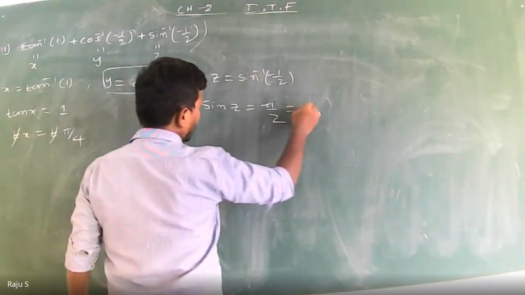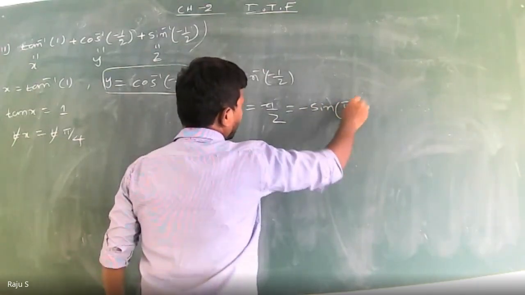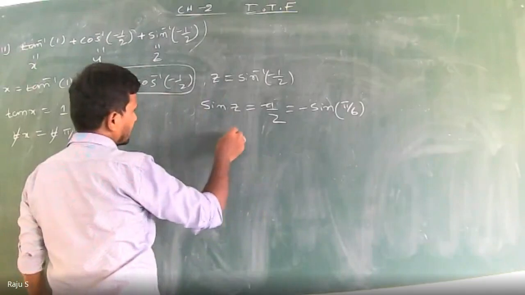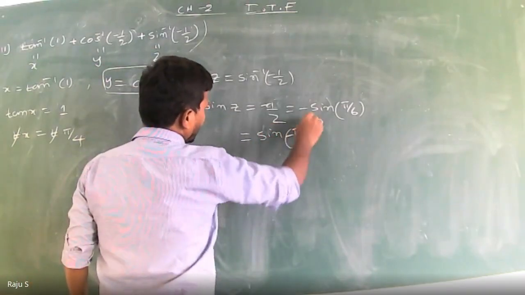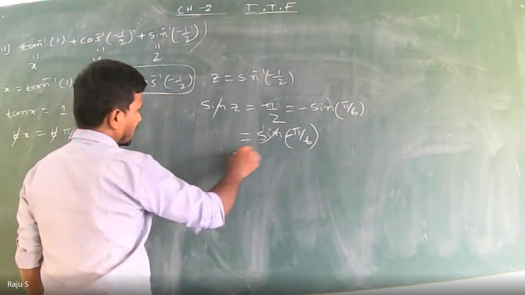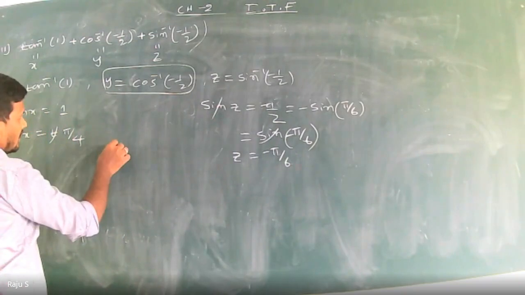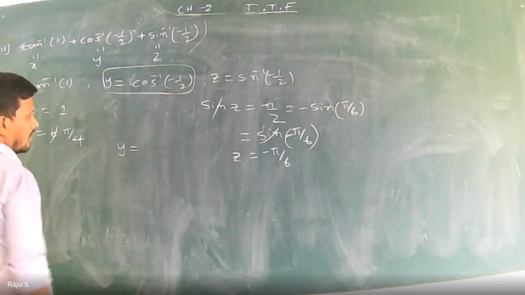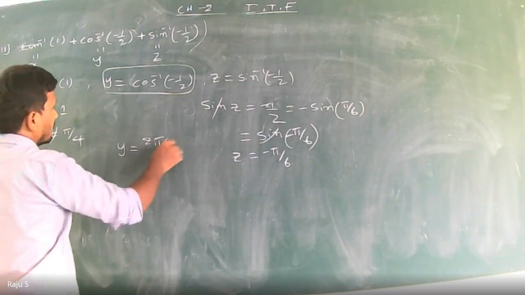Sin z is equal to minus sin pi by 6, take the minus inside, sin of minus pi by 6, sin gets cancelled, z is equal to minus pi by 6. And y we got as 2 pi by 3.